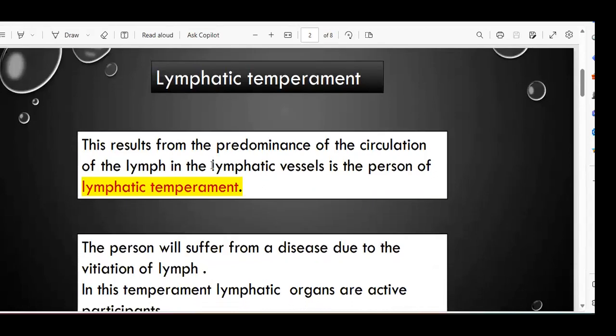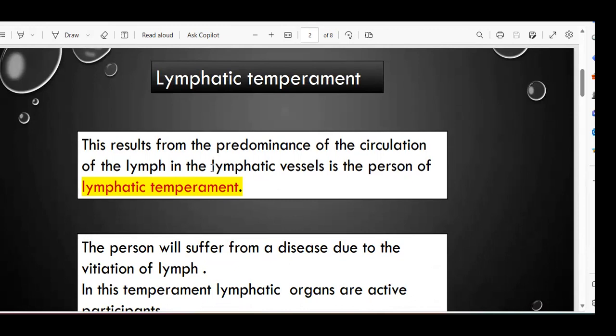In the lymphatic temperament, lymph here means liquid. I already told you in the principles of electrohomeopathy that whatever fluid is coming, that is lymph.